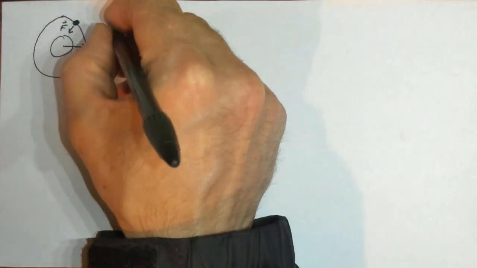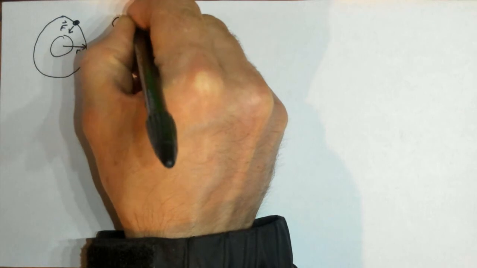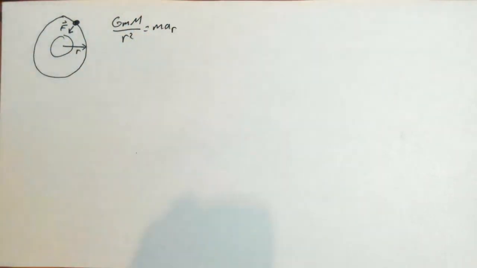And so we can say that the gravitational force, GMm over r squared, in magnitude, we've taken care of its direction already, is going to be equal to the radial acceleration, which we're assuming is pointing inward, times the mass.